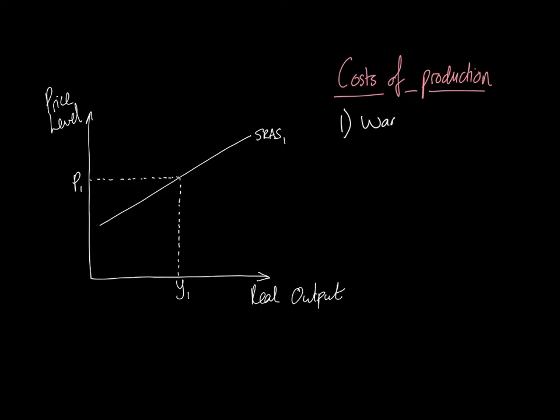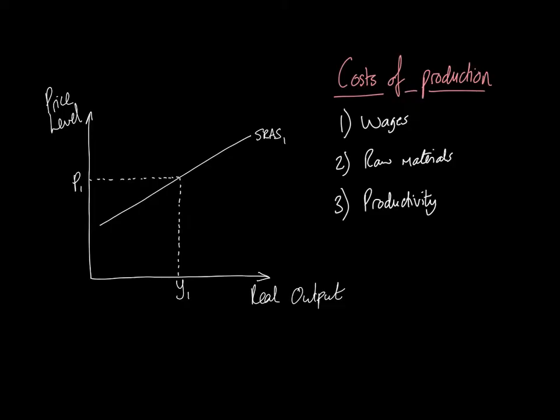One of the main things, obviously, that they're going to be thinking about is wages, how much they have to pay their workers. They're also going to have to think about the cost of their raw materials as part of their overall costs. Their productivity will also have an impact, because if they are more productive, then they should be able to produce at lower levels of cost.